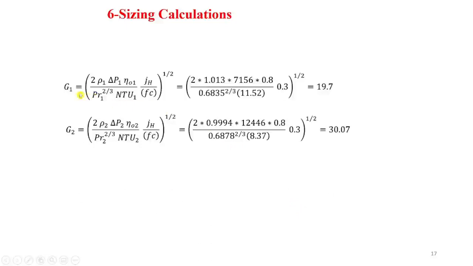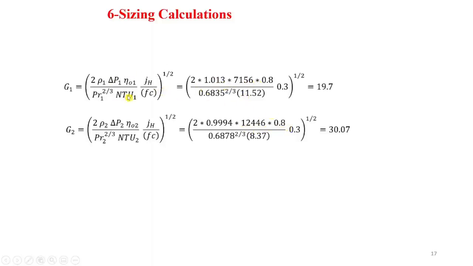If you use the expression for the initial guess for G1, for side 1, and substitute the values that we know, notice that we are assuming that JH divided by the friction coefficient is 0.3, and also that the overall surface efficiency for side 1 and side 2 is going to be 0.8, and put the allowable pressure drop for side 1 and side 2 as 7156 Pascal for side 1 and 12,446 for side 2.